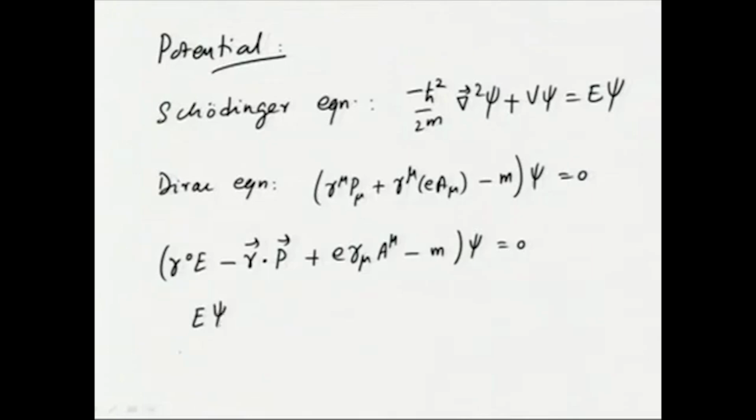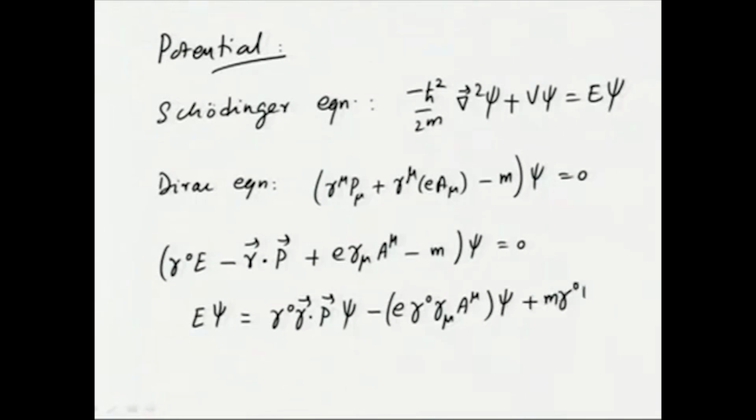That gives E psi equal to gamma 0 gamma dot P psi minus e gamma 0 gamma mu A mu psi plus m gamma 0 psi. This is the Dirac equation with interaction term.